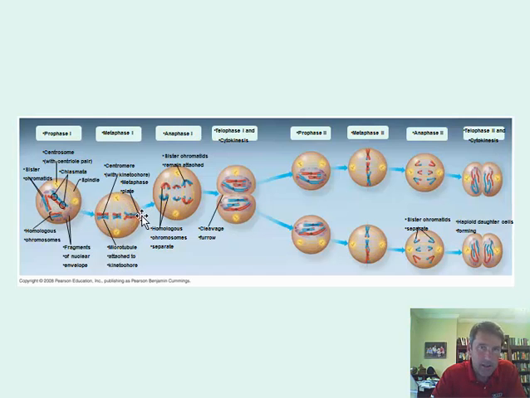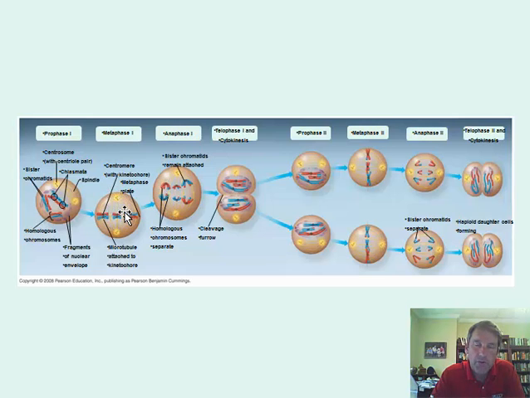Metaphase is where they actually get lined up. So in humans, we'd be looking at 23 pairs of chromosomes lining up all the way across the equator. And then in anaphase, the sister chromatids stay intact, but the chromosomes actually separate apart.